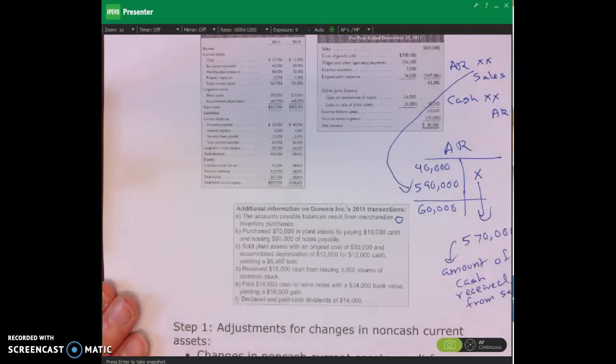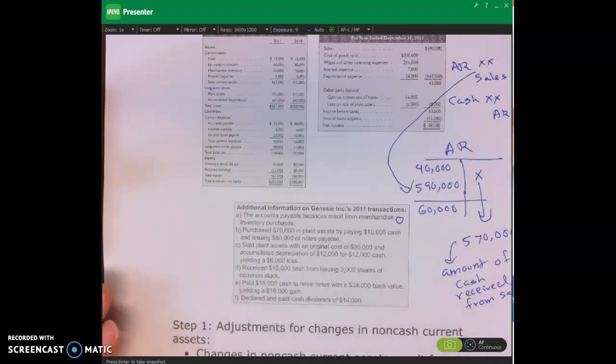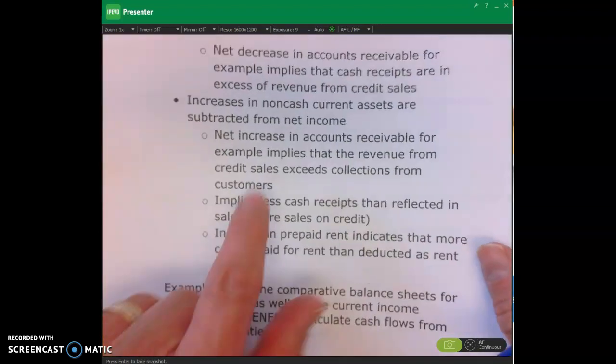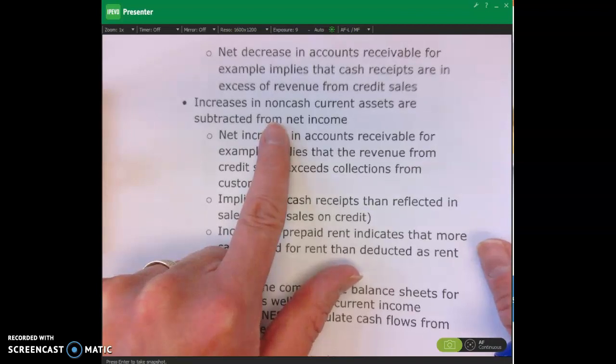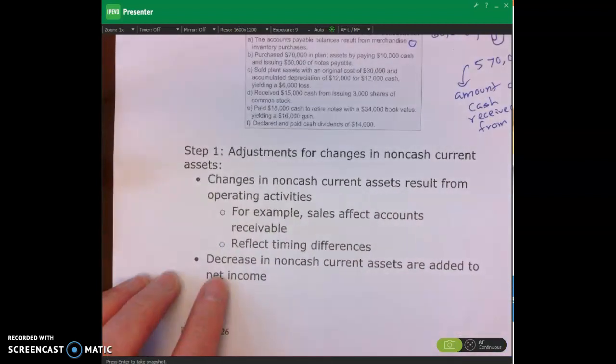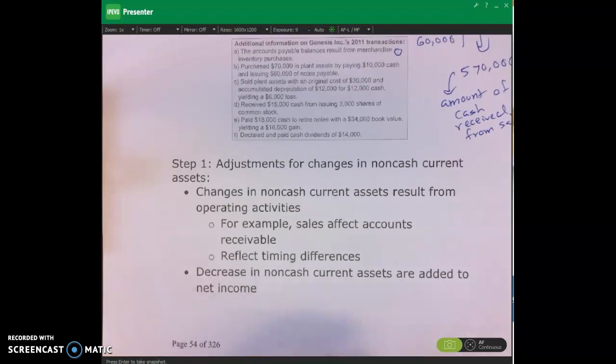So you have to subtract out that $20,000 difference, which is from 40 to 60. So the rule again becomes, as we see over here, an increase in the balance of non-cash current assets is subtracted from net income. Increase is subtracted. On the other hand, a decrease would be added.